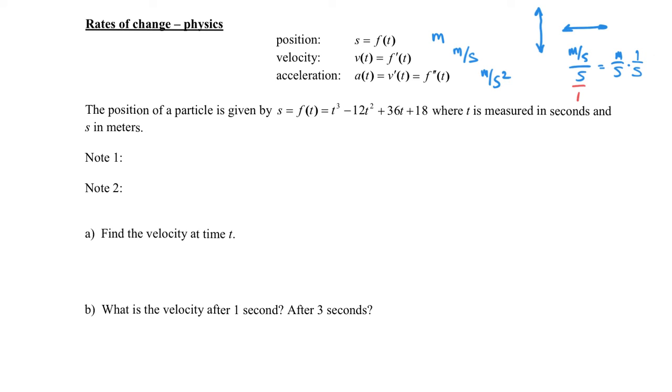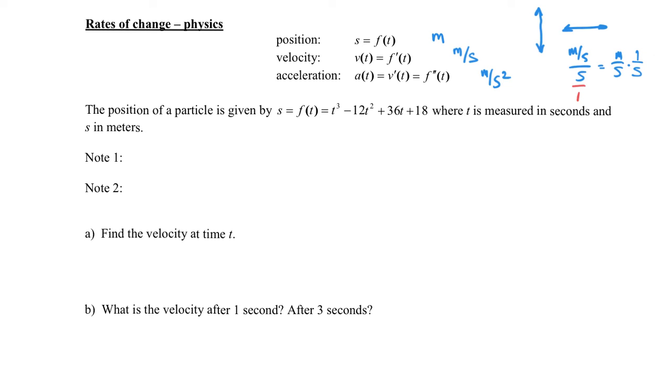So the problem that we're looking at, they give us the position of a particle, and they give us this position function. It says t is measured in seconds, so t, our variable here, is in seconds. So we plug in seconds, and then s is in meters, so it'd give us the position in meters.